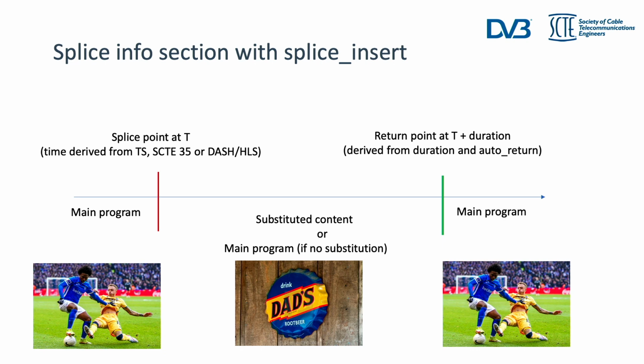This may be national ad channels that you're putting in, replacing the ads. And then it will go back to the main program. The first red line is usually called a splice out. The second green line is usually called a splice in. And in between, you may substitute or replace your ads. There is a thing with VOD where you may insert an ad, but it's extending the timeline versus just replacing what's in the timeline.